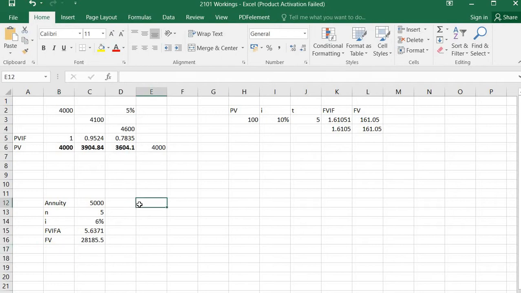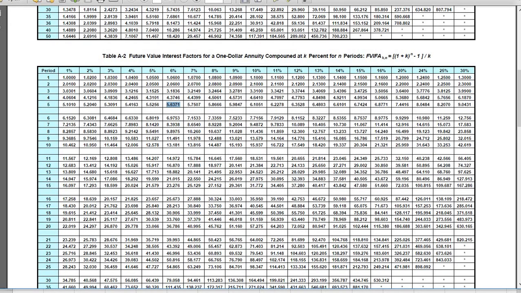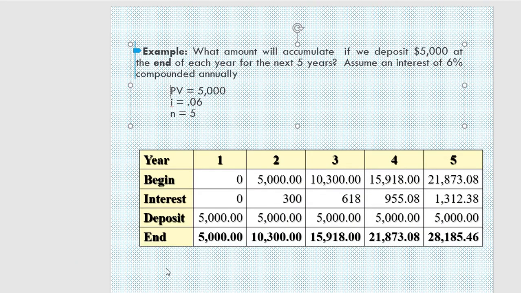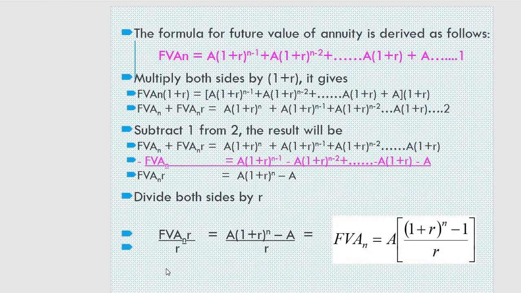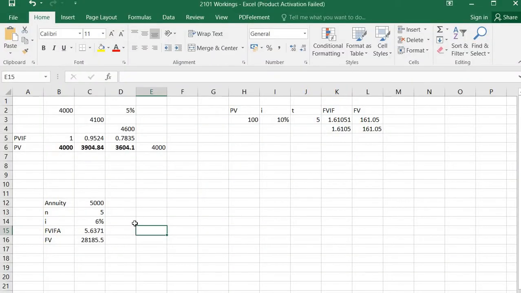Let's assume maybe the question is saying 6.56% is the interest rate, which means we might not get this in our tables. So we might need to apply the formula there. What is the formula? You must just know what the formula is. You must be able to use it. It's (1 plus r) to the power n. Now our r is 6%. We want it to be in the same line as that one.